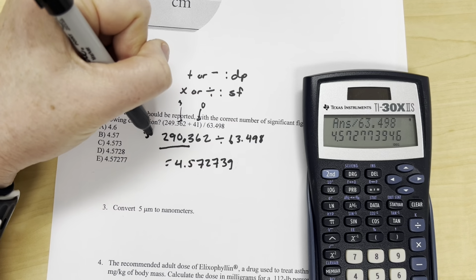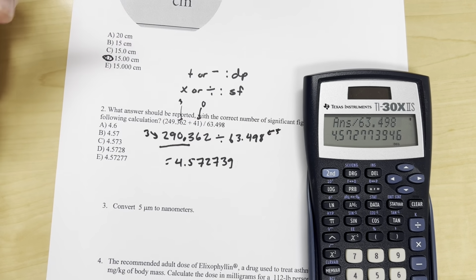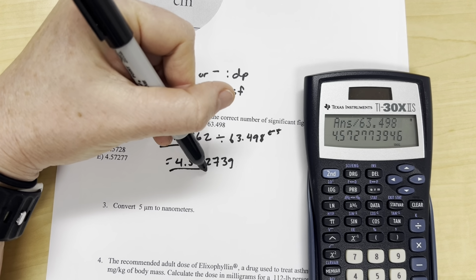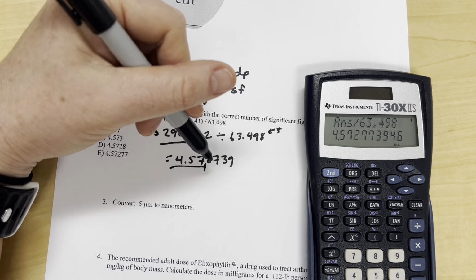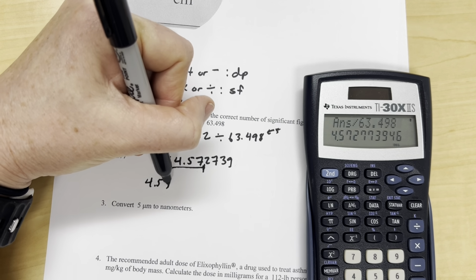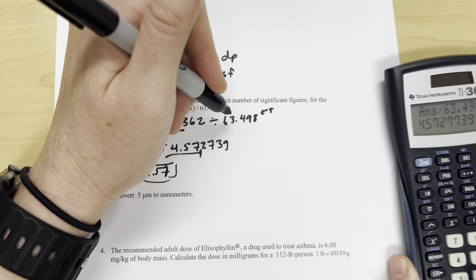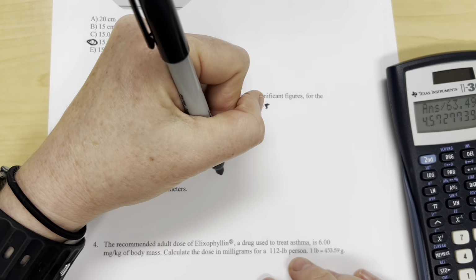So this has 3 sig figs that we underlined. This one has 5. What's smaller, 3 or 5? The answer is 3. We underline that. Ask if this is 5 or greater. It is not, and 4.57 is our answer.